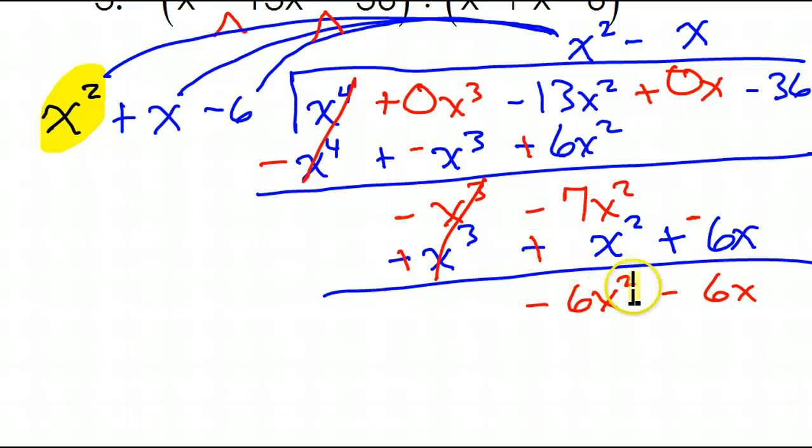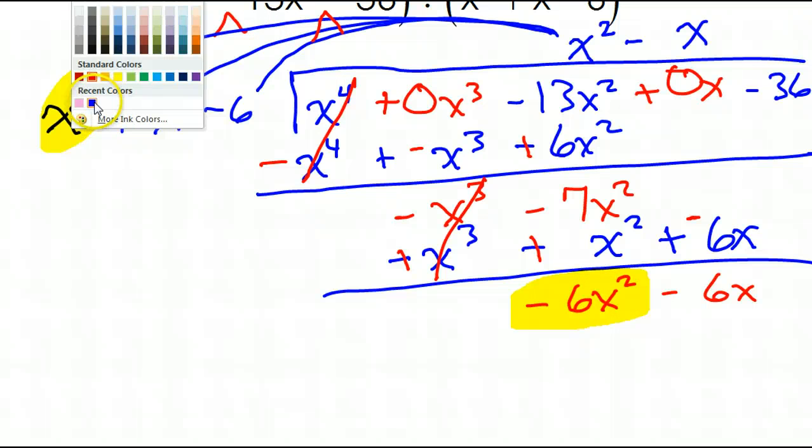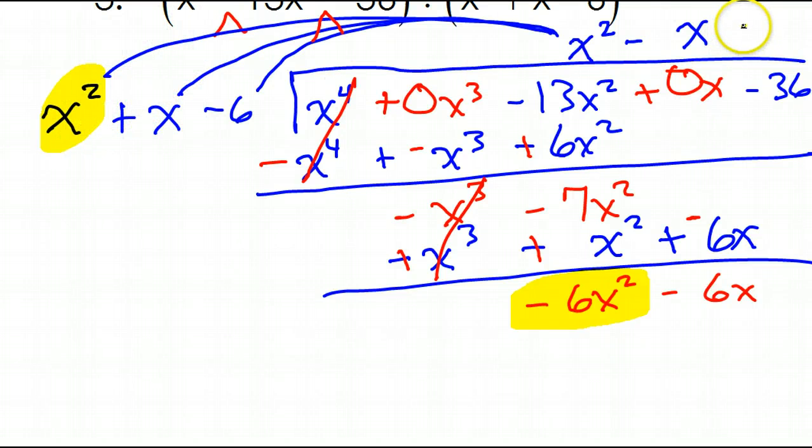We start over. So we're looking at the x squared and the negative 6x squared. And I ask myself, x squared times what will make negative 6x squared? That's easy. That's negative 6. And now I distribute. So sure enough, negative 6 times x squared is negative 6x squared.